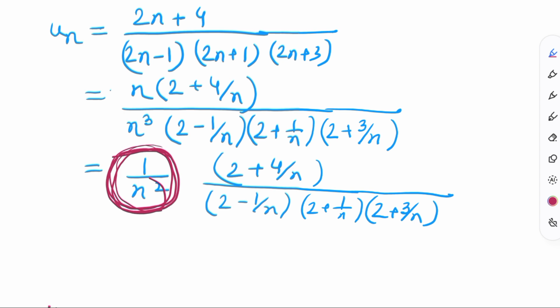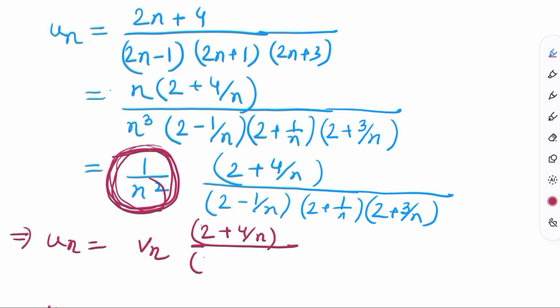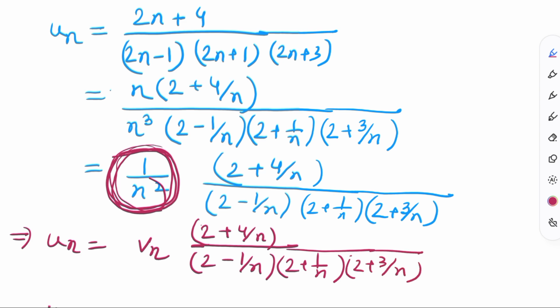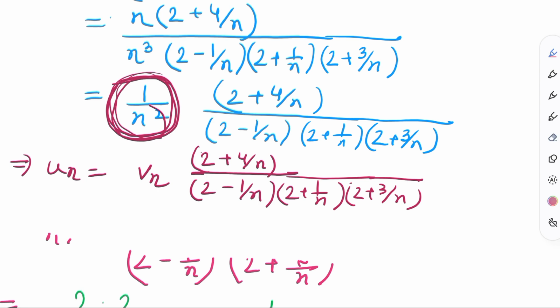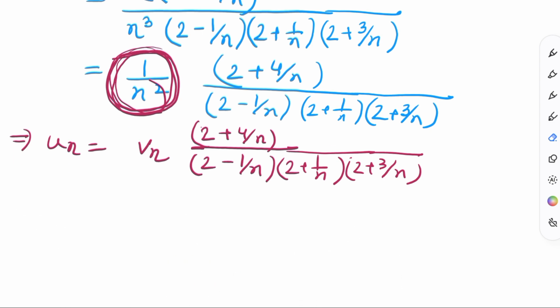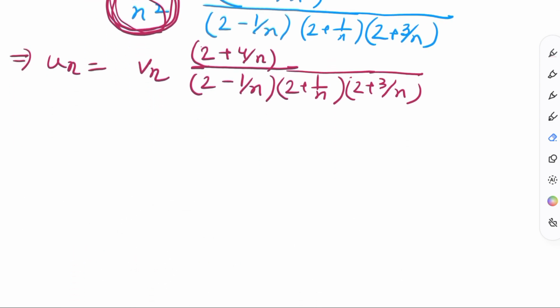That means we can write un equal to vn into (2 plus 4 by n) by (2 minus 1 by n) into (2 plus 1 by n) into (2 plus 3 by n), where vn is 1 by n square.